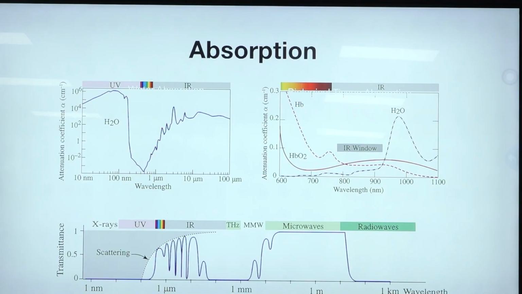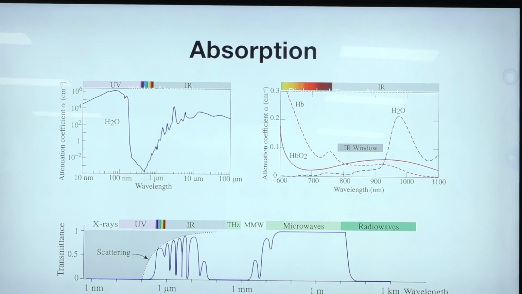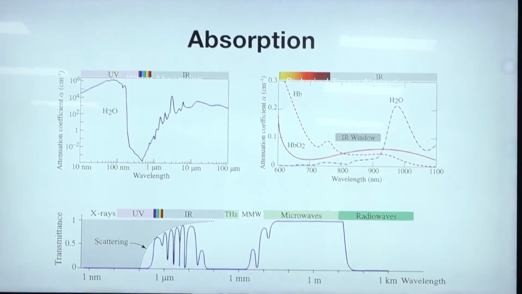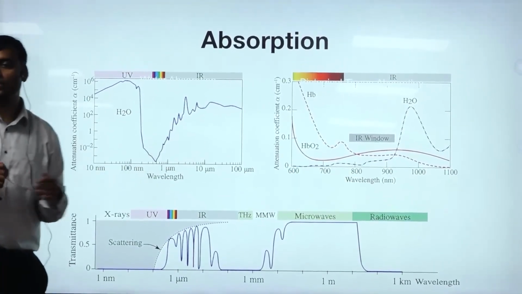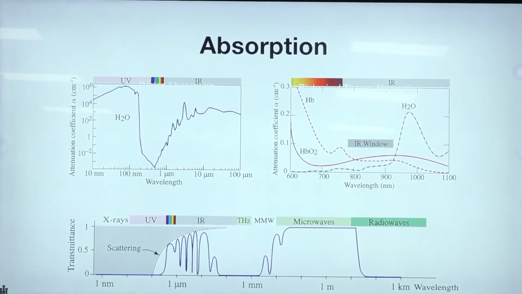By connecting the pattern of absorption to the atomic or molecular composition, you can figure out what is going on inside by making spectroscopic measurements, meaning measurements as a function of wavelength or wave number. That's the essential idea.